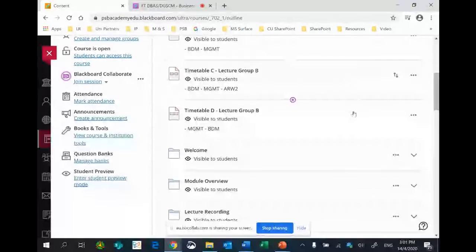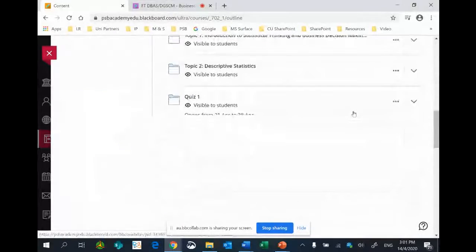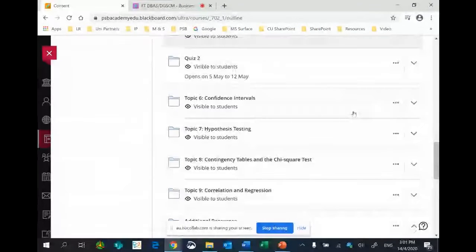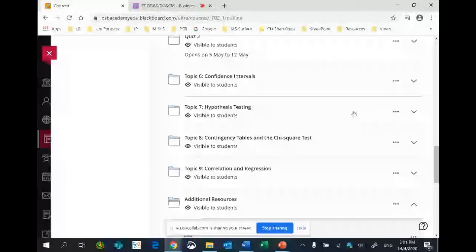At the moment, I'm going to show you where you find this tutorial question. Can you go to additional resources, where you find the tutorial question and the formula.